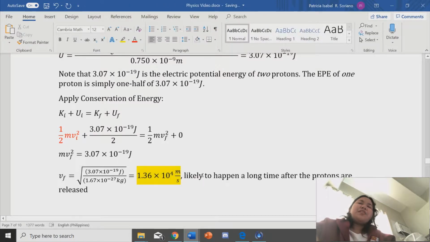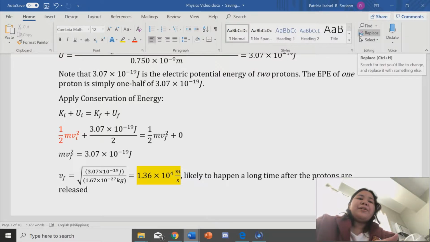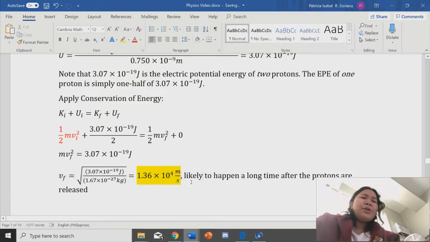So it's a final velocity, so it's not likely to happen immediately after release, and it's more likely to happen a long time after the protons are released from rest, since they need to accelerate first in order to obtain more speed, and in order for them to convert their potential energy to kinetic energy.